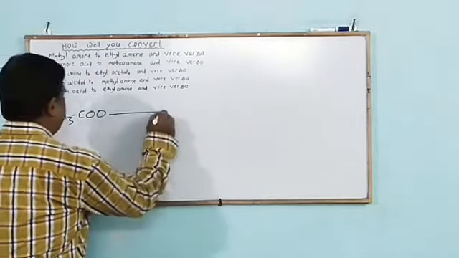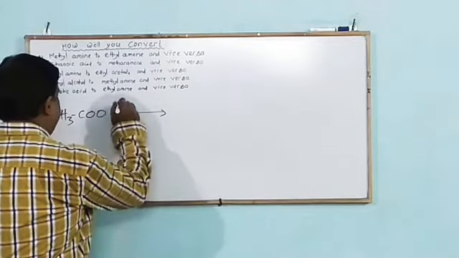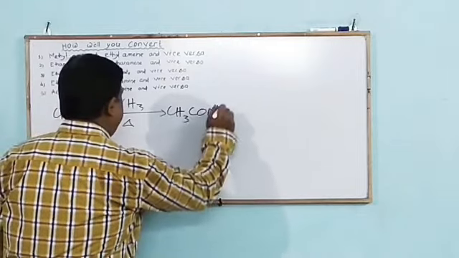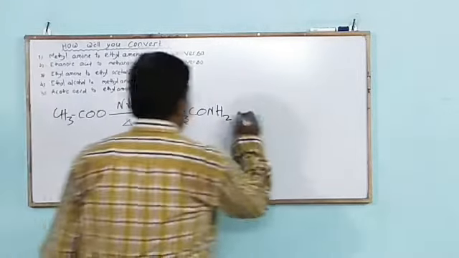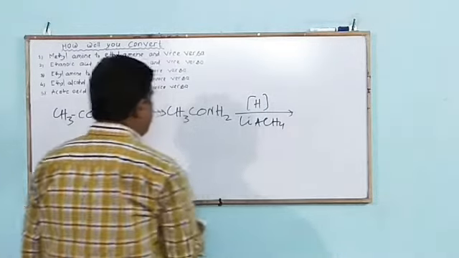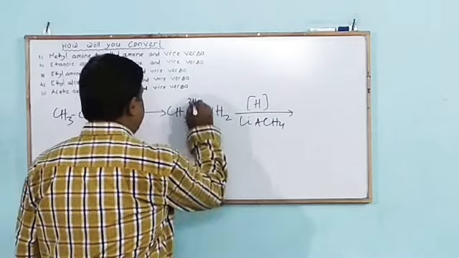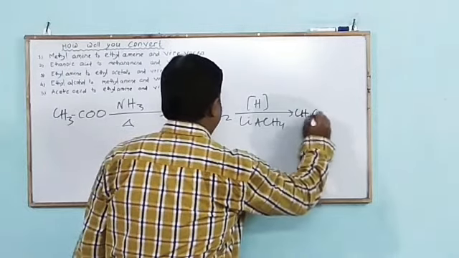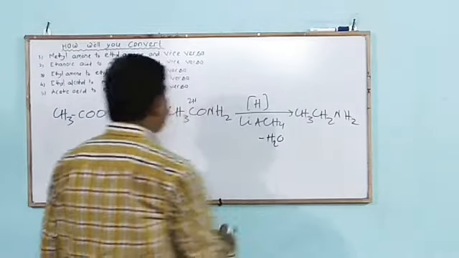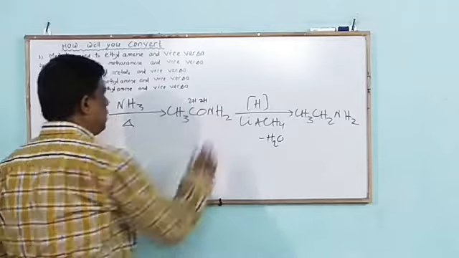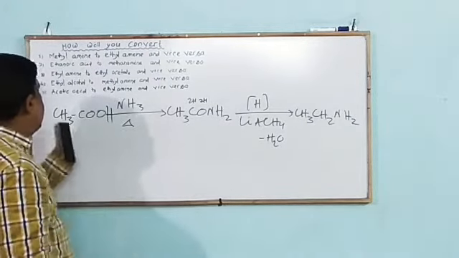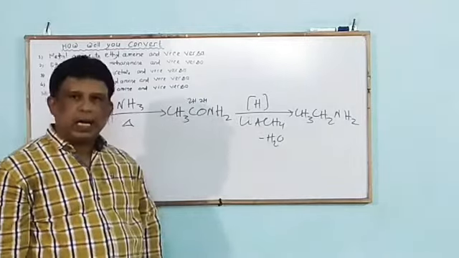Acetic acid, when heated with ammonia, forms acetamide, which undergoes reduction in LiAlH4, lithium aluminum hydride. Here 2H, here 2H, to form CH3CH2NH2 with byproduct H2O. So in this way, acetic acid, CH3COOH, is converted to ethylamine.